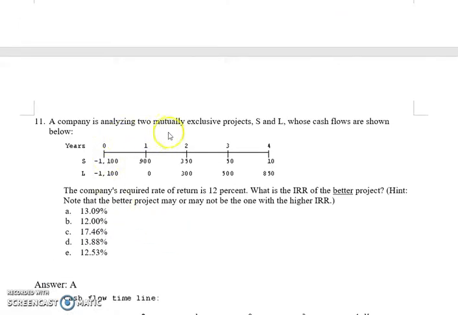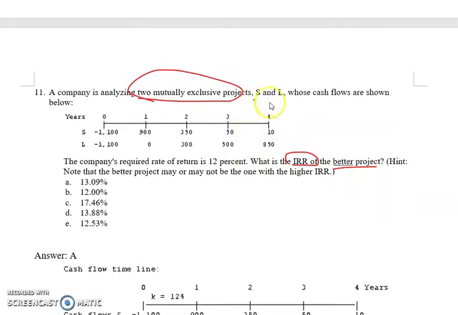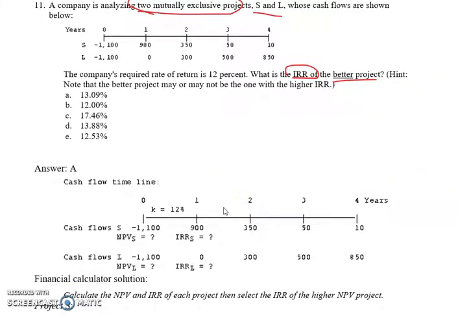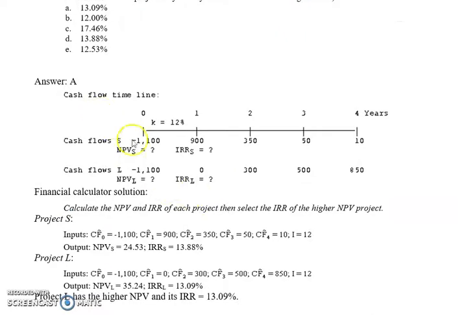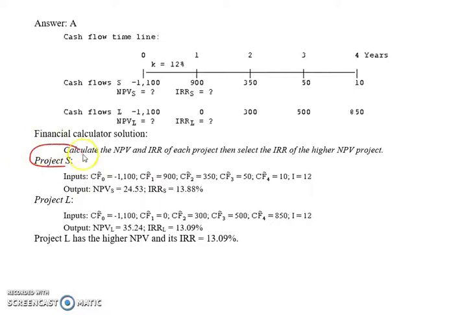Question 11. Again, two mutually exclusive projects. It asks you what the IRR of the better project is. Again, you can use the financial calculator to find the IRR for project S and the IRR for project L. Because project L has a higher NPV and its IRR is also higher, you compare both and just pick the higher one.